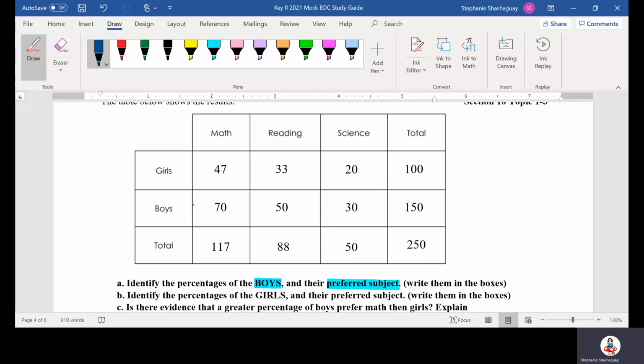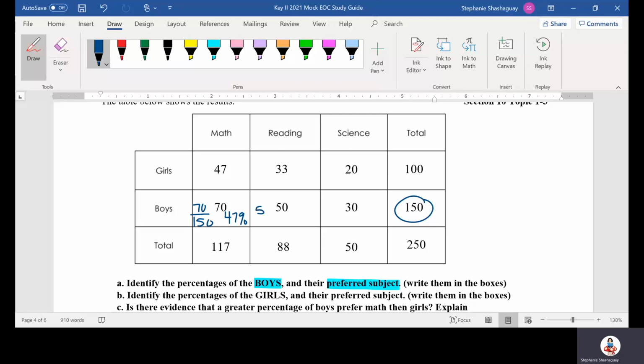So what we do is we take that 70 and we have to divide it by the total number of boys surveyed, which is 150, and 70 divided by 150 is equal to 47%. Then we're going to take the boys' data for reading, which is 50, and we're going to divide that by 150.